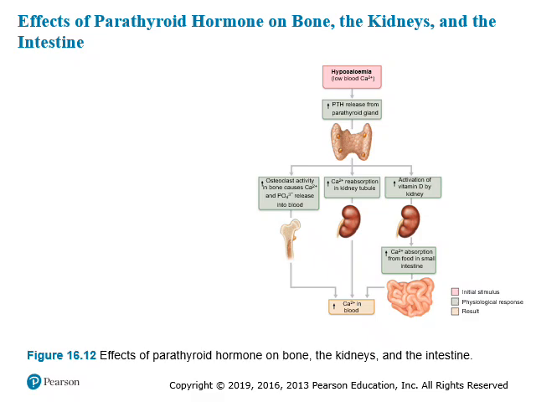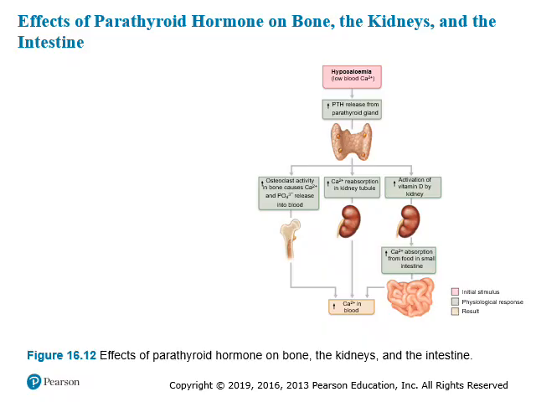So let's take a look at the effects of parathyroid hormone on the bones and the kidneys and the intestine. The parathyroid hormone increases blood calcium levels by promoting the release of calcium from the osteoclastic activity. When the osteoclast activity is digesting the bone matrix itself, it releases a lot of calcium ions.